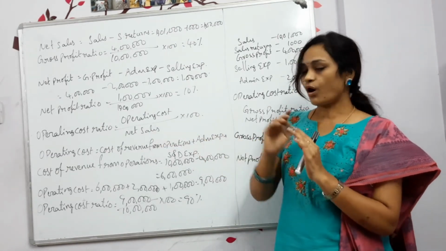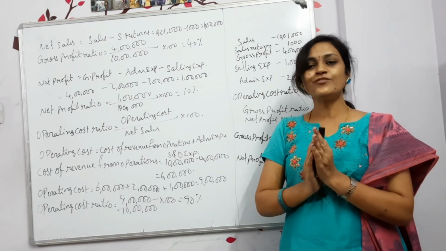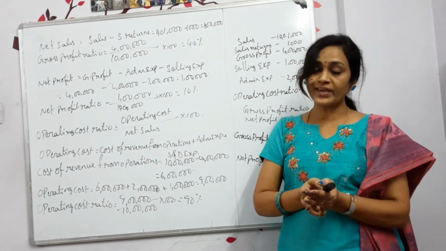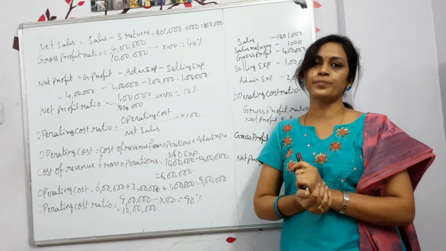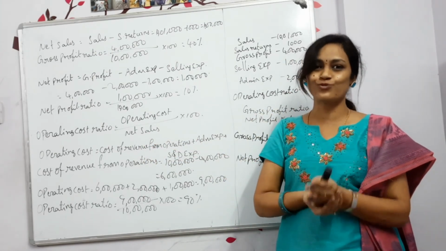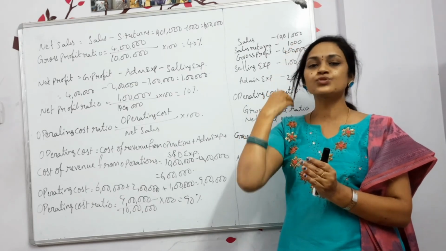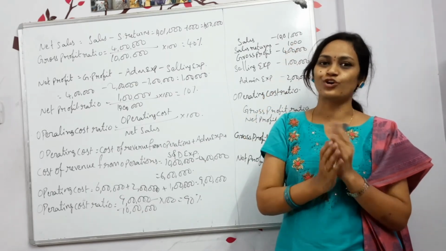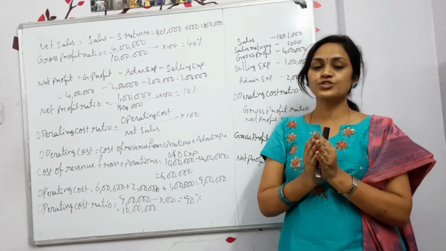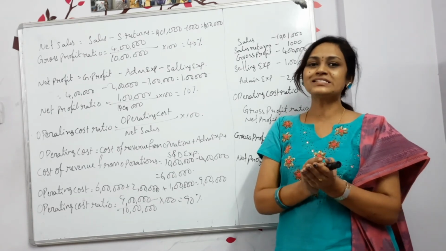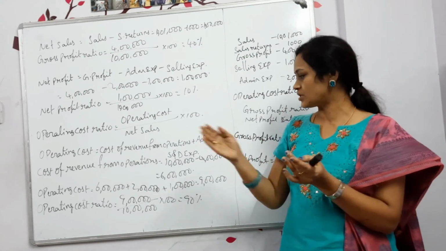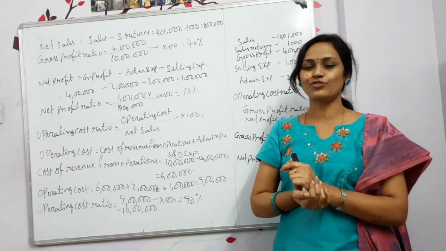Sales also called as revenue from operations. Okay, here this is not revenue from operations, this is cost of revenue from operations. This is also called cost of goods sold. How do you find cost of goods sold? Either sales minus gross profit or else opening stock plus purchases plus direct expenses minus closing stock. That also you can use, or this also you can use. Any method you can follow.